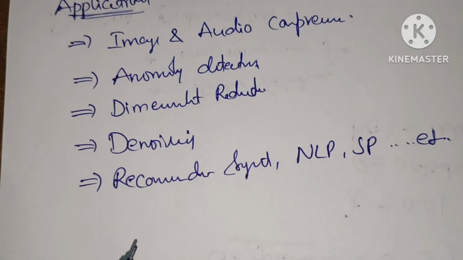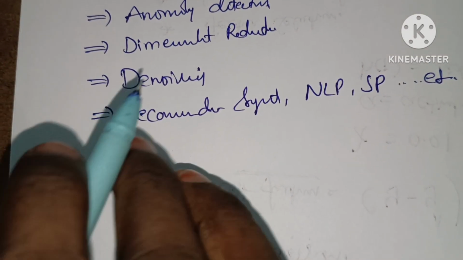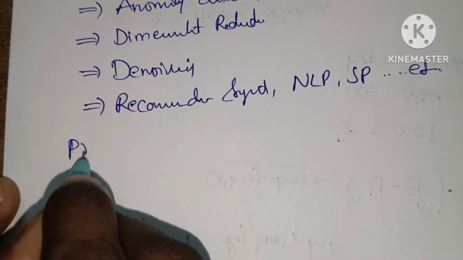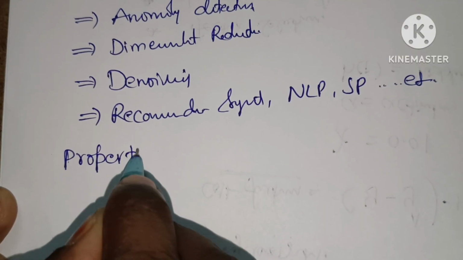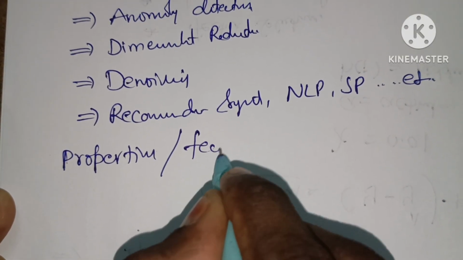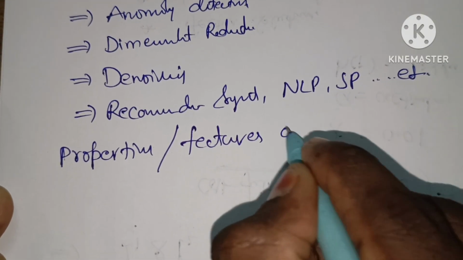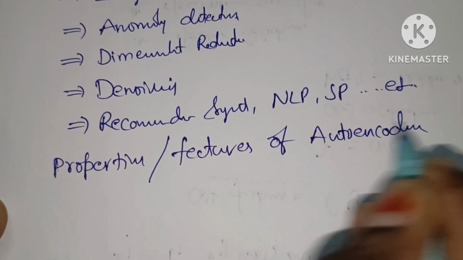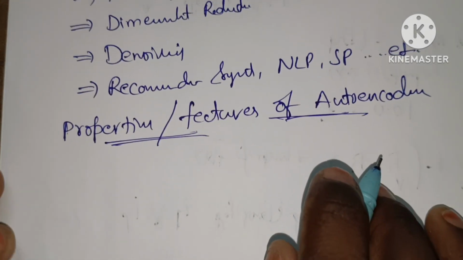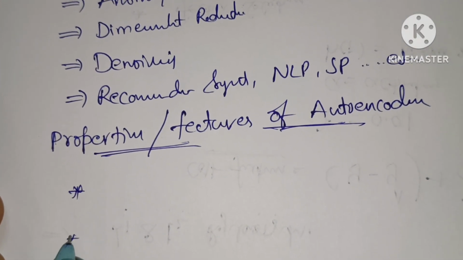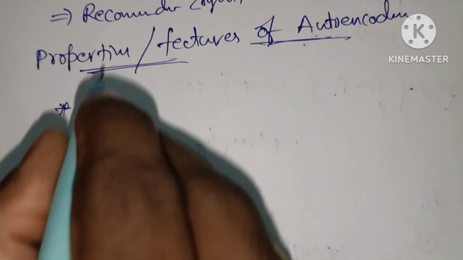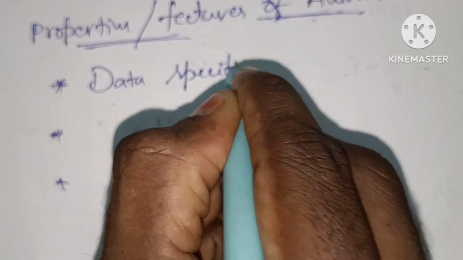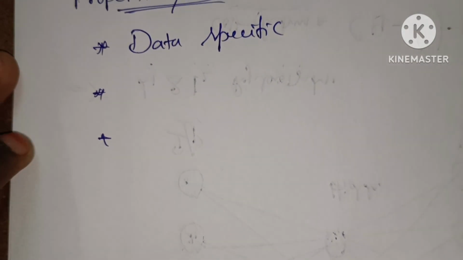Okay. Sometimes one more question is asked regarding autoencoders. What are the properties or features of an autoencoder? This is also very important from an interview or exam point of view. Mainly three properties or three features. First one is data specific. What is the meaning of data specific?